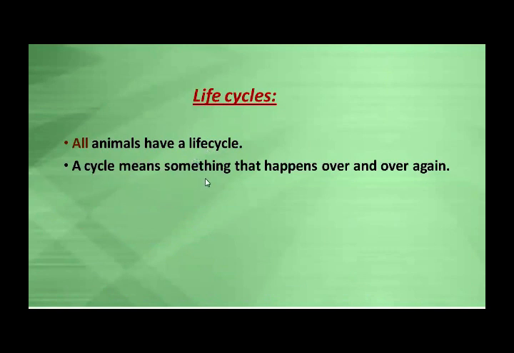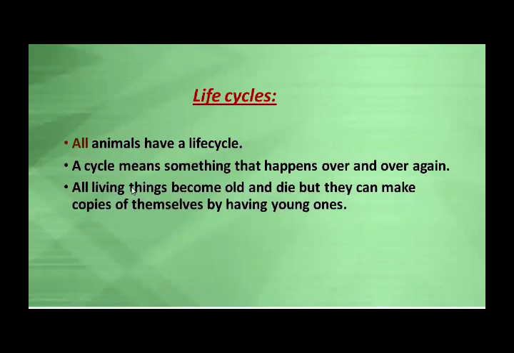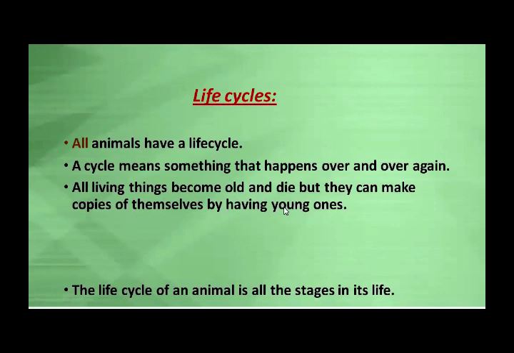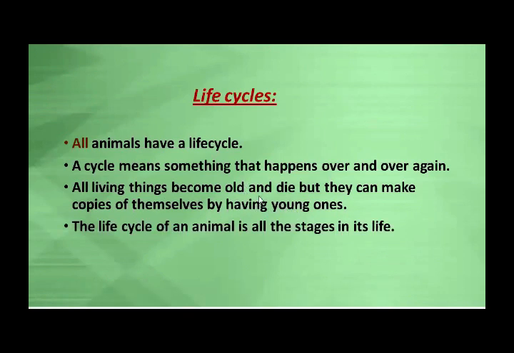A cycle means something that happens over and over again. All living things become old and die, but they can make copies of themselves by having young ones, meaning babies. So they can continue their life cycle.